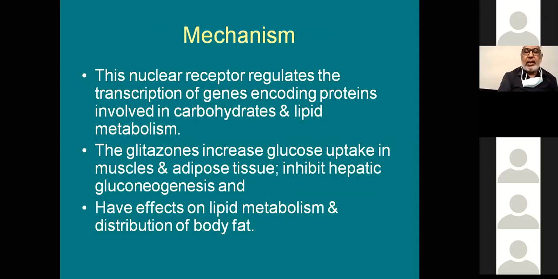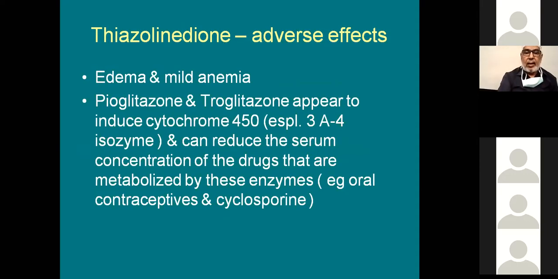Glitazones increase the glucose uptake in muscles and adipose tissue, inhibit hepatic gluconeogenesis, and have side effects on lipid metabolism and distribution of body fat. In the thiazolidinedione group, as we saw, the first drug damaged the liver, then rosiglitazone and pioglitazone were given. Troglitazone is not used; rosiglitazone and pioglitazone are preferred.